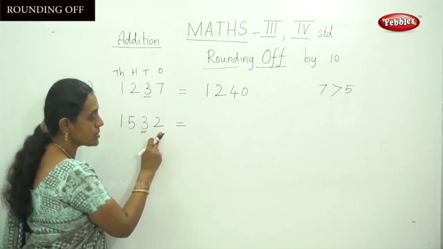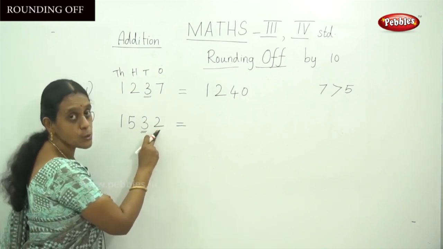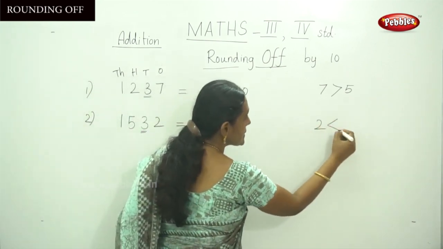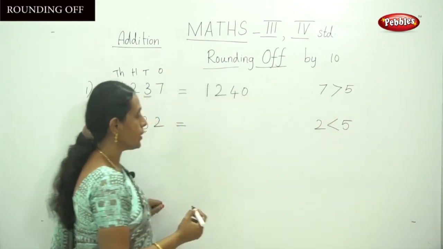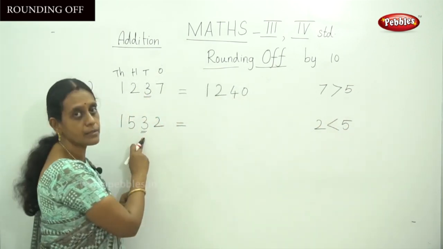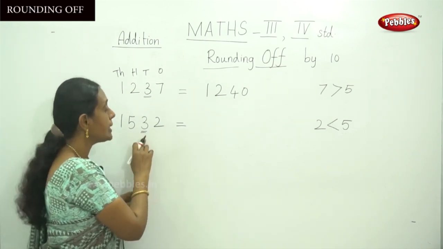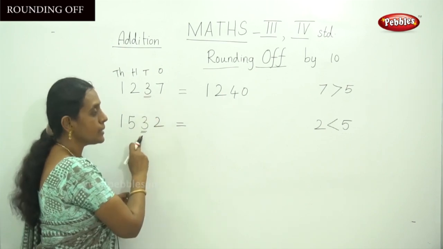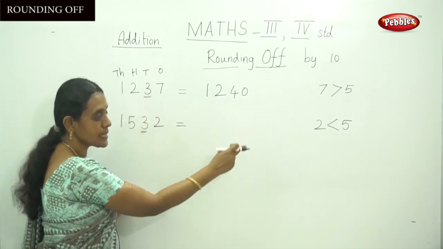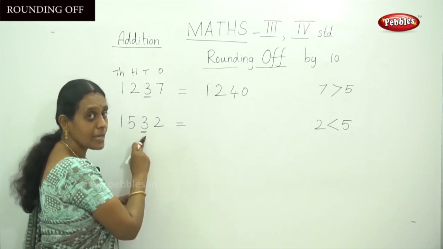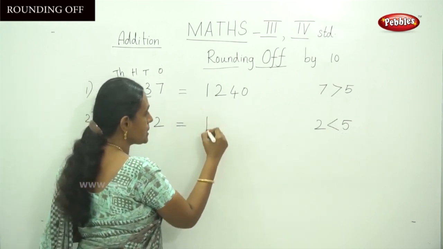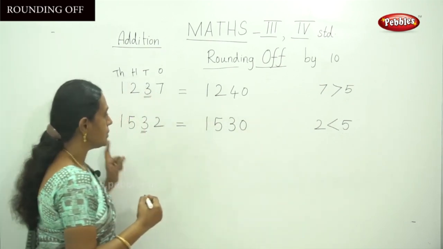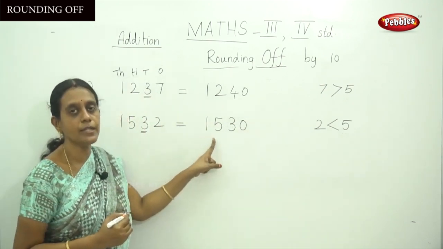And observe the last digit, here it is 2. 2 is lesser than 5. So write down the same 10. Don't go to the next 10, because that is only when it is more than 5. But here the last number is 2, lesser than 5, so write down the same 10. Same 10 means 1530. So this is the nearest rounding of the tens number.